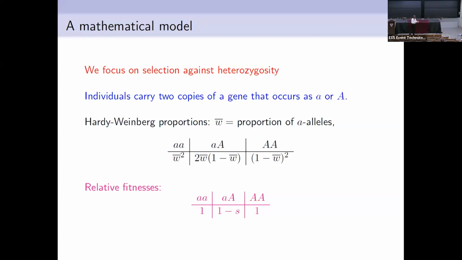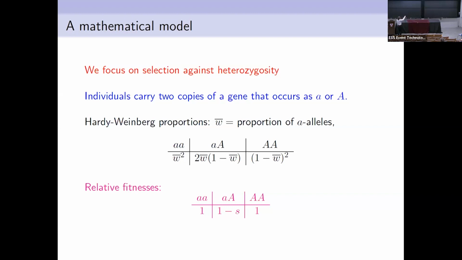And I ask what proportion of the alleles are little a, so that's counting 2 for every yellow flower and 1 for every mixed flower. I call that W bar, then the proportion of yellow flowers is W bar squared and so on.